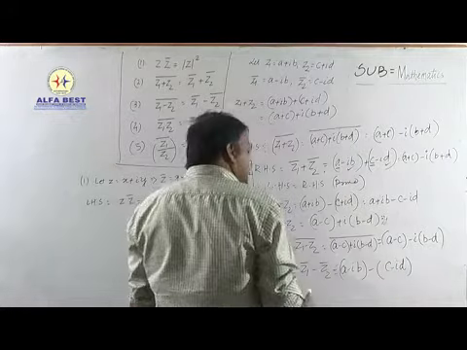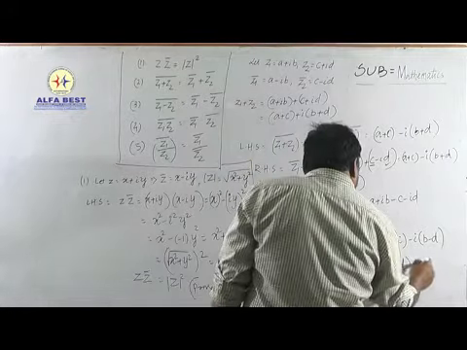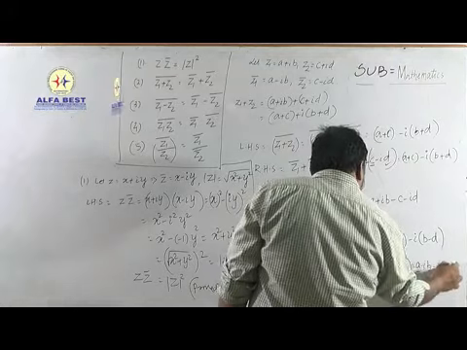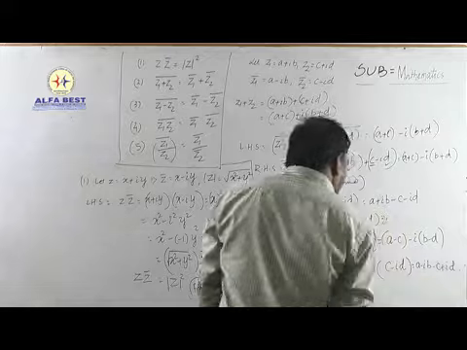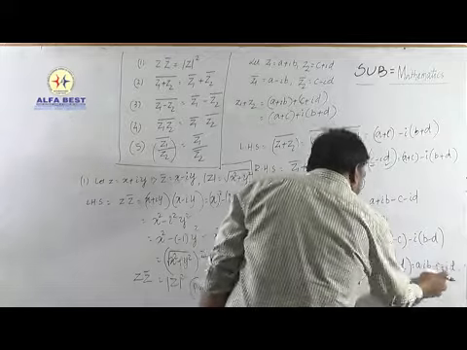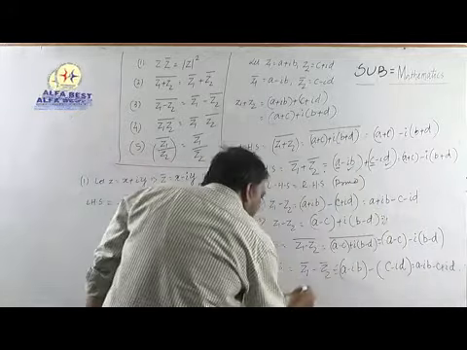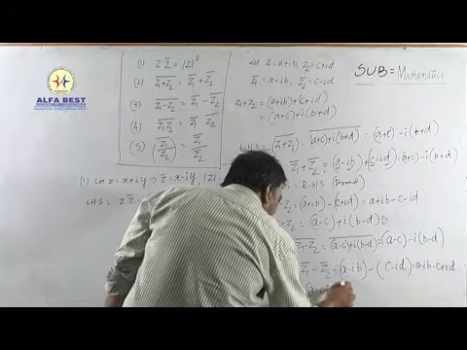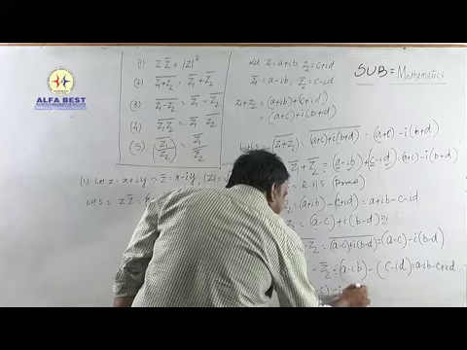So now this can be written as A minus IB minus C plus ID. Okay, so collecting the real terms, this will be A minus C, minus IB plus ID.